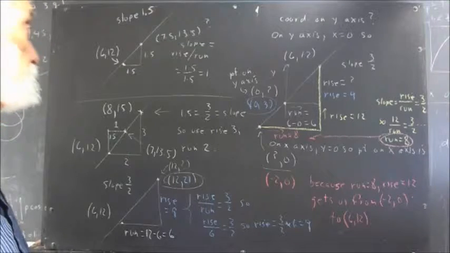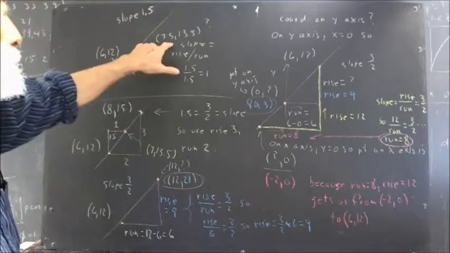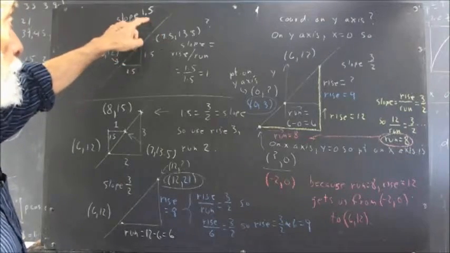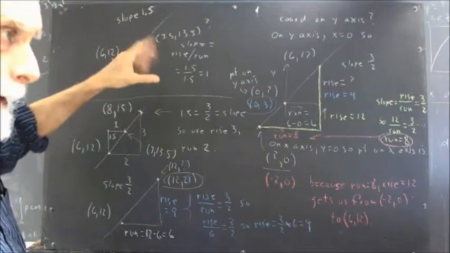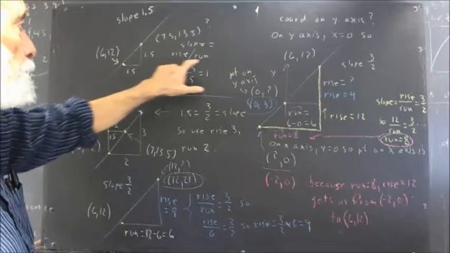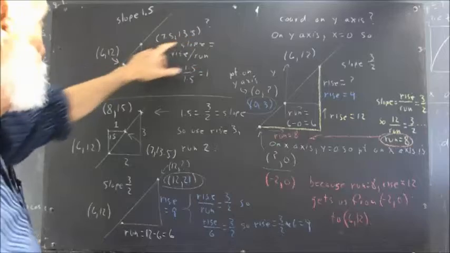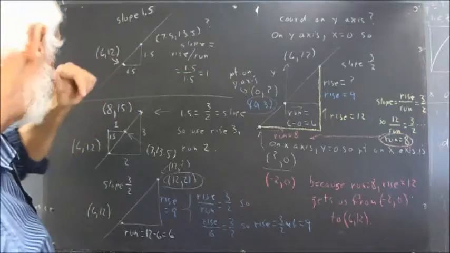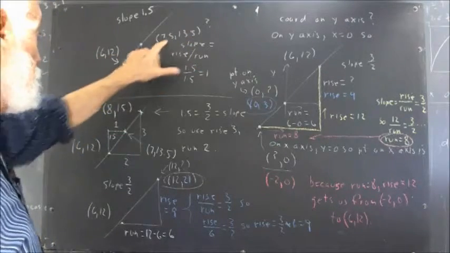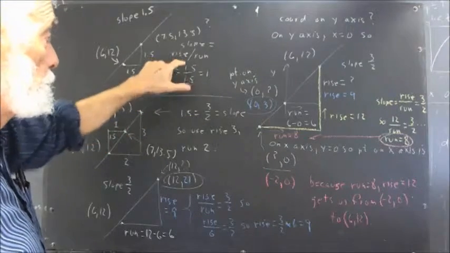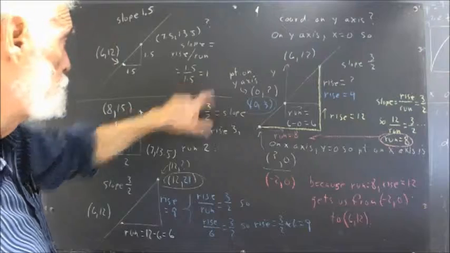So the slope between these 2 points, let's hope the slope comes out to be 1.5. Well, it turns out it doesn't. If we do the rise divided by the run, well, the rise is 13.5 minus 12, which is 1.5, and the run is 7.5 minus 6, which is 1.5, and 1.5 divided by 1.5 is 1.